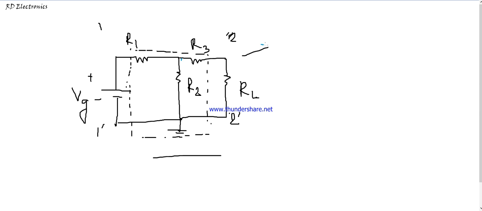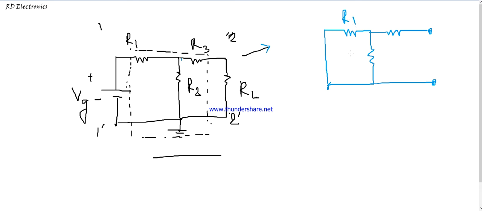If we convert this circuit to the RTH equivalent circuit, at first this DC source is short circuited, and three resistors are connected, named as R1, R2, R3, and from this open circuit load terminal, we measure the Thevenin resistance. So what is the Thevenin resistance? We measure the resistance from here, so we evaluate this value from this side.